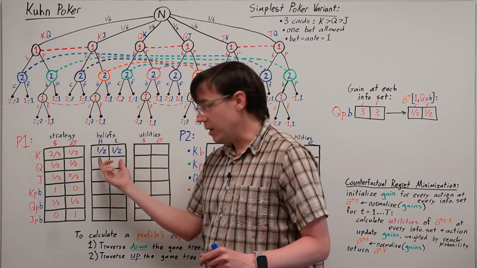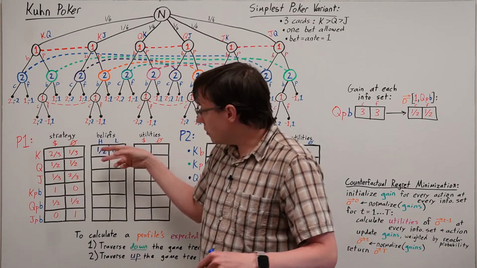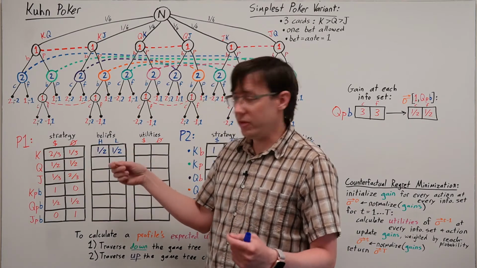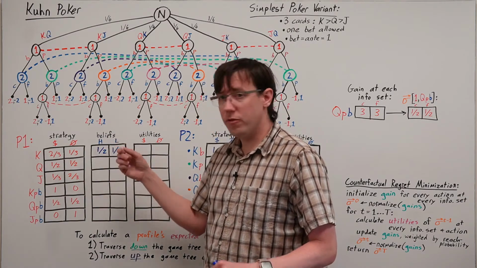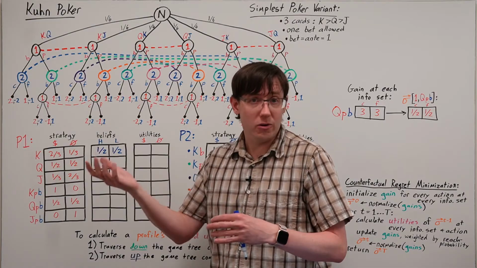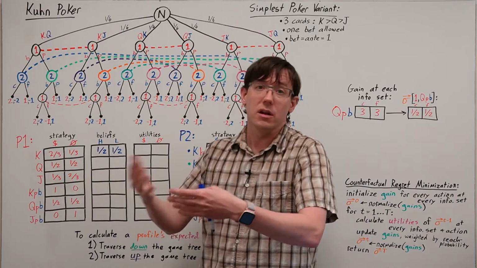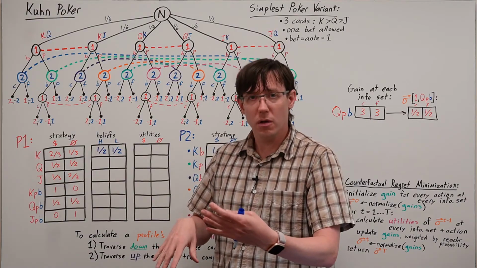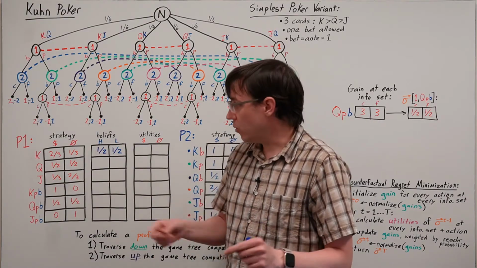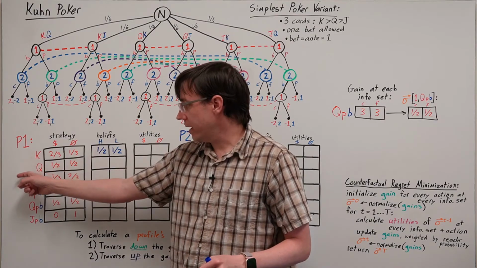And in this table where we are recording the beliefs at each information set, I've labeled the columns H for the opponent has the higher of the two possible cards, or L for the opponent has the lower of the two possible cards. But which cards are possible will be different based on what the player knows.